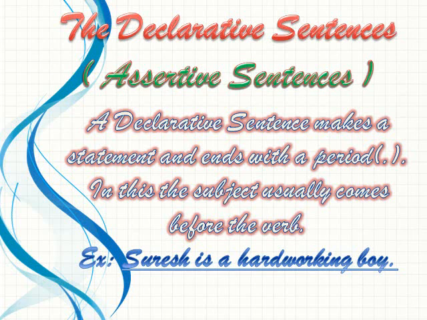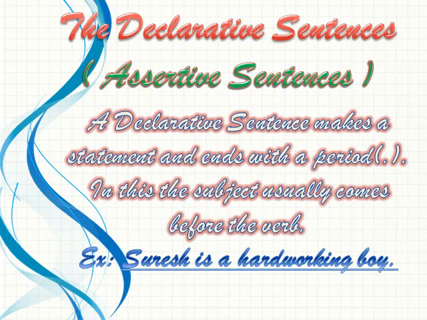The very first kind of sentence is the declarative sentence. From the name itself, you can find out it declares something, it declares some information. Basically, declarative sentences are those sentences which give some kind of information or message.